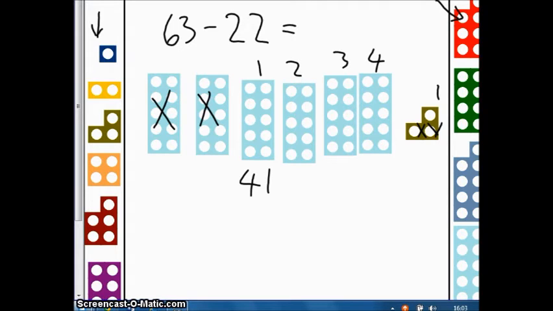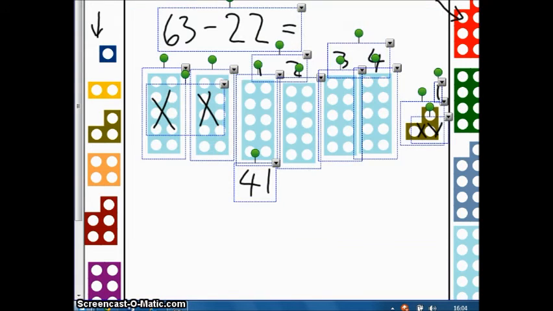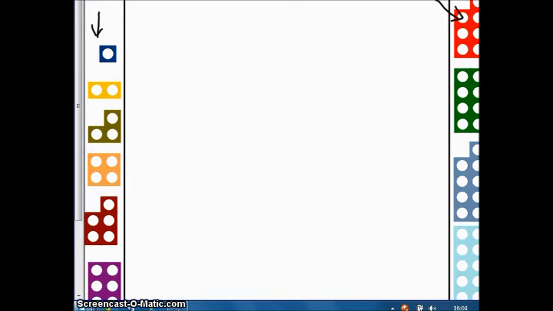There's one idea there. A second idea that I can do, if you chose instead, is to show both of the pictures, both of the numbers. So I have a different question of 77 take away 45.